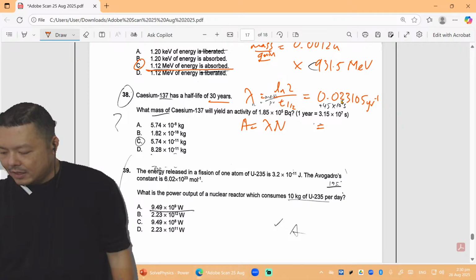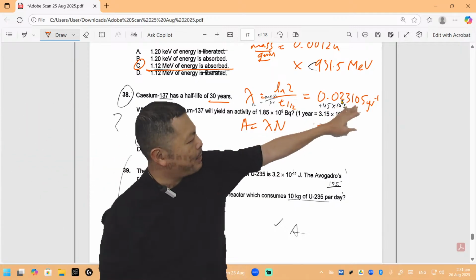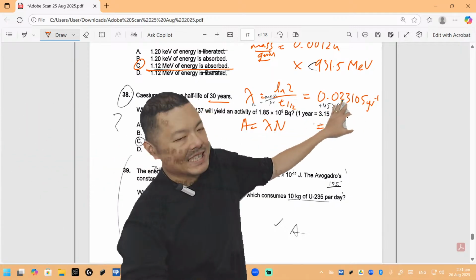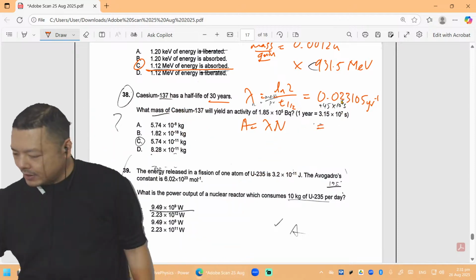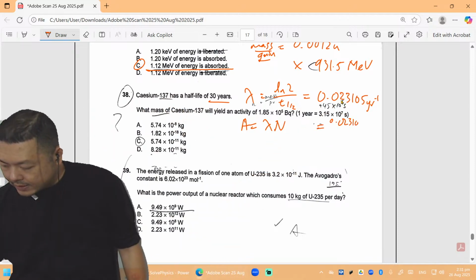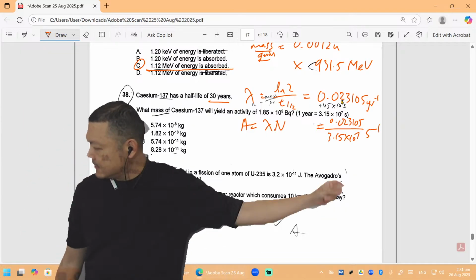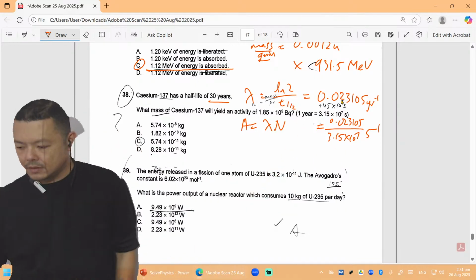So if this probability per year is so low, per second is even lower, right? So it's 0.023105 divided by 3.15 times 10 to the power 7 per second.